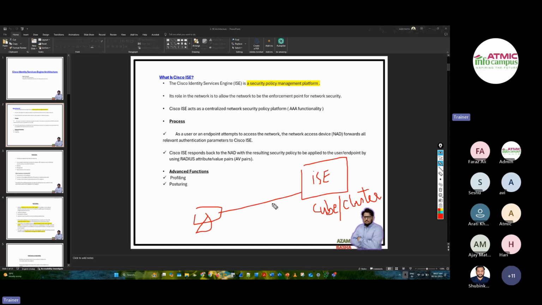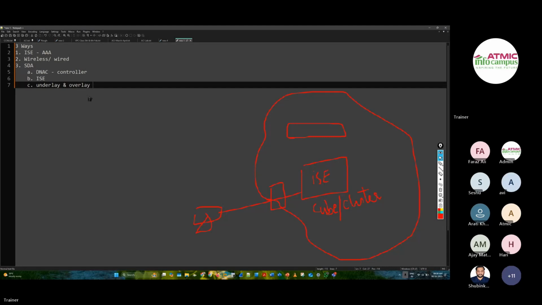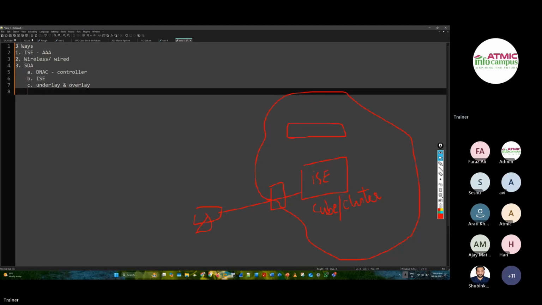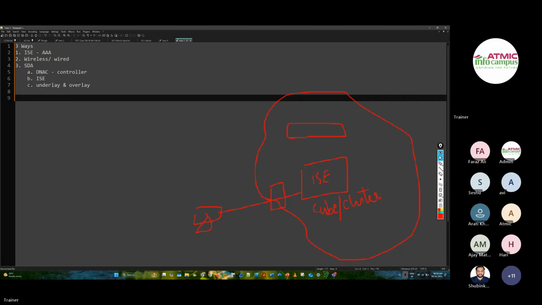So basically, if a user is trying to access a network here, the network access device. Let's type in this word, since it keeps coming up a lot of times: network access device.